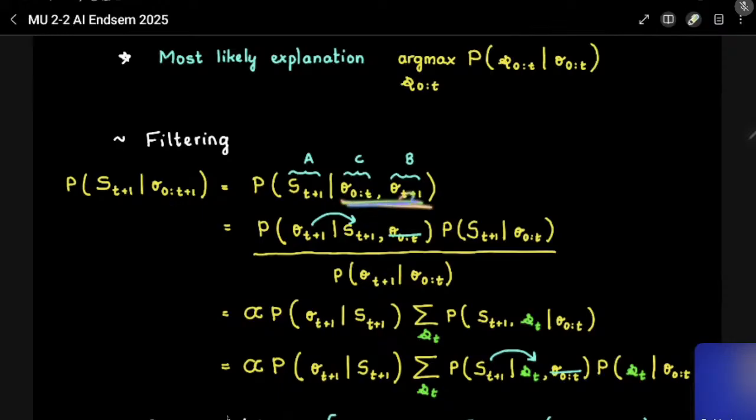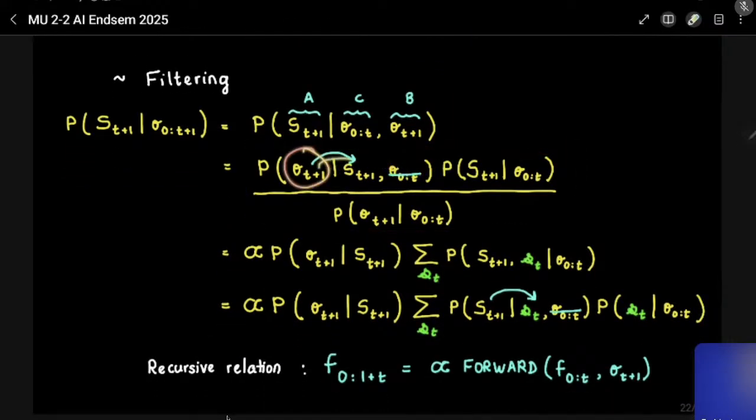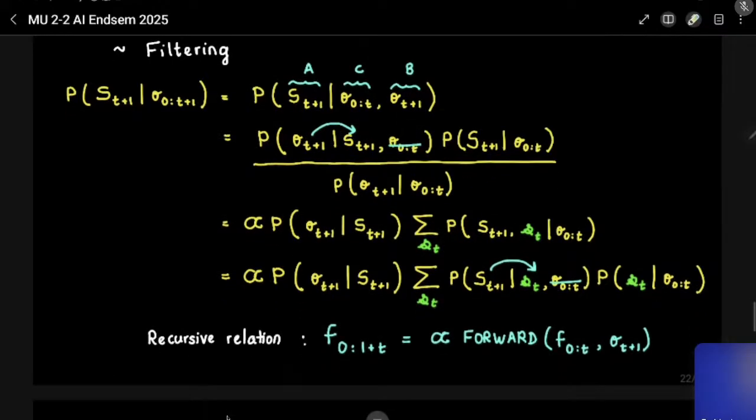I simply separated O(t+1) from the sequence of observations. And if I apply rules of probability, I'll get this one. For this observation, I have a current hidden state. So by the assumption of output independence, I can strike this off. This observation will depend on the current hidden state. So this is a constant. I'm just writing this 1 by denominator as alpha. We know how to calculate that number.